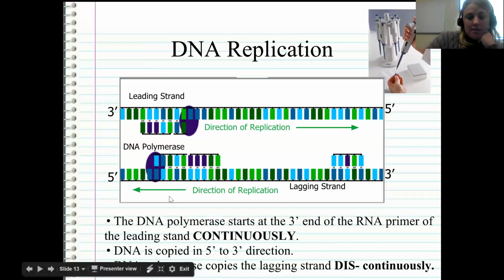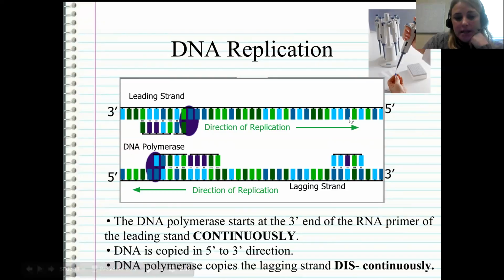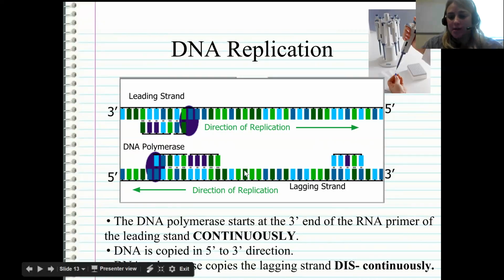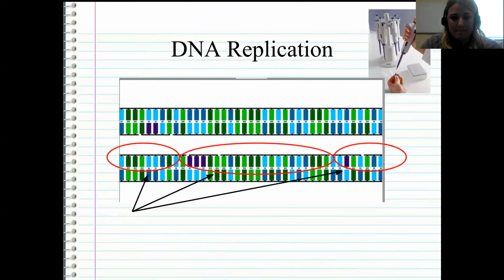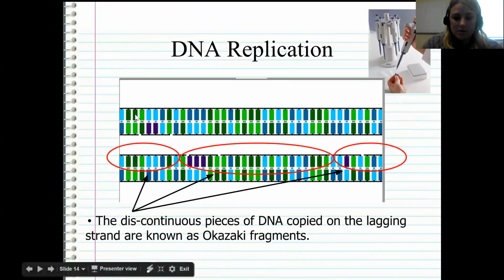Again, DNA polymerase is going to start on the leading strand and continuously make our DNA. Then our lagging strand is only going to create these fragments discontinuously. You'll see in this image, the top or leading strand is completely done, but on the bottom we have these discontinuous pieces, and these are called Okazaki fragments.